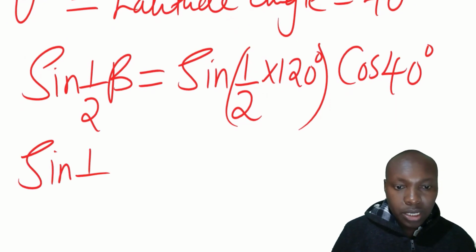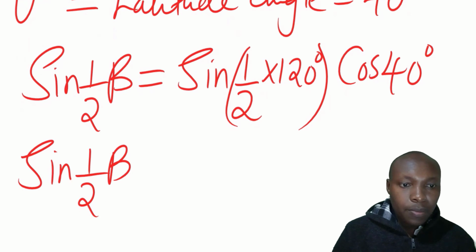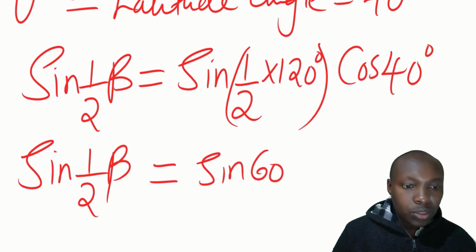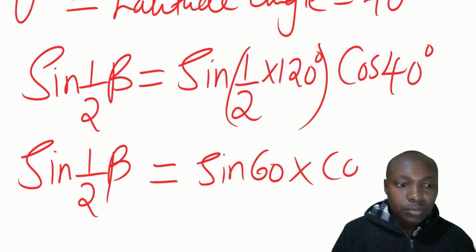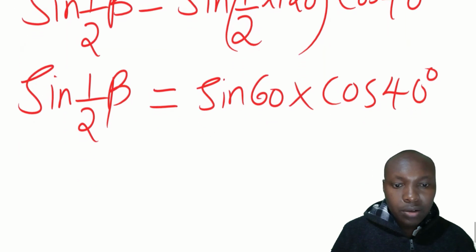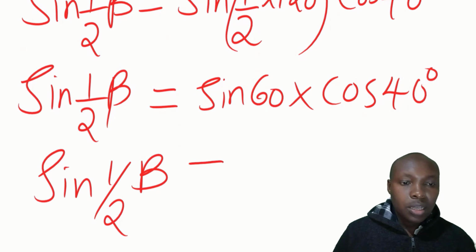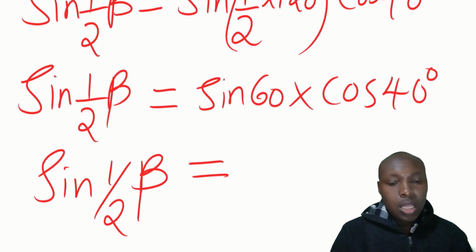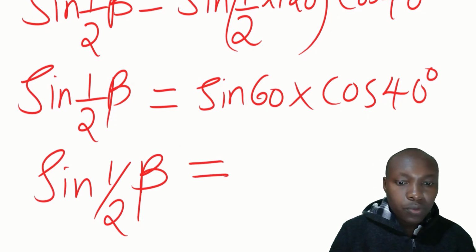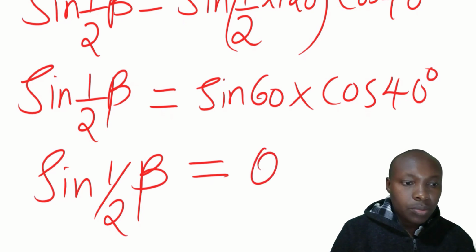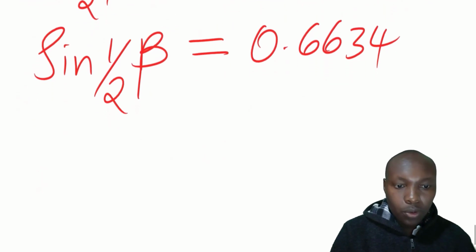So sine of half beta is given by sine of 60, a half times 120, that is 60, multiplied by the cosine of 40. Sine of 60 multiplied by cosine of 40 will give 0.6634. That is what you get.